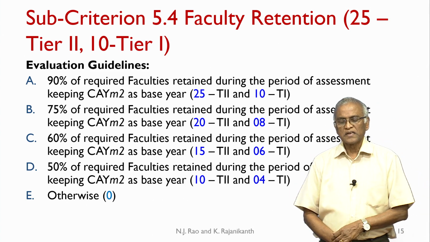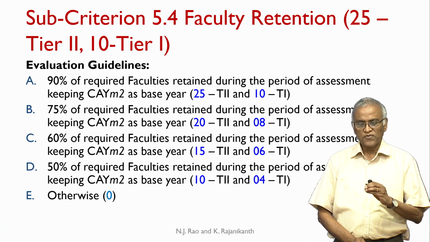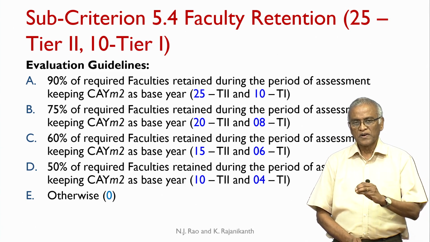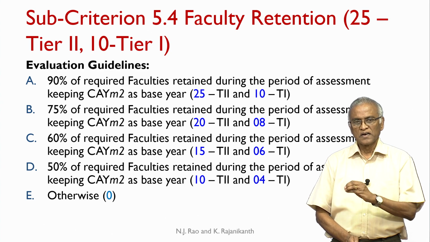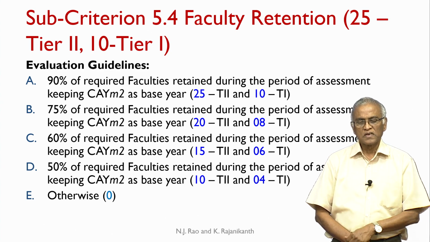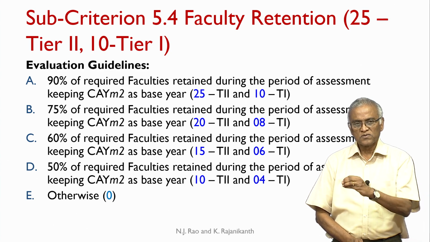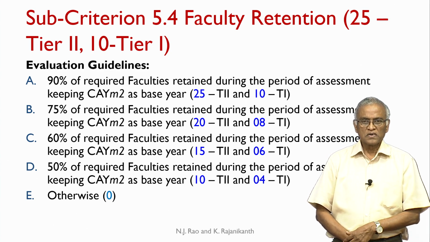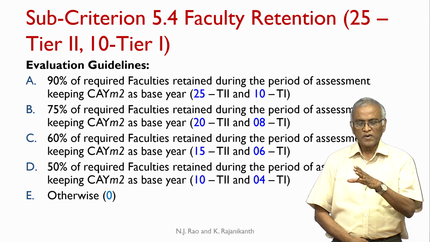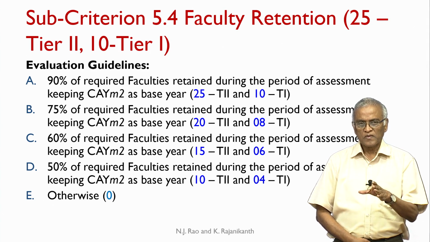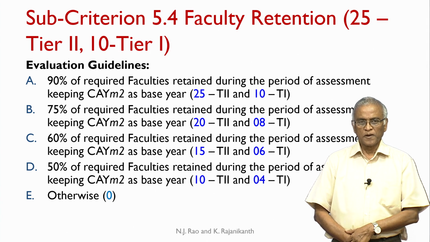So, faculty retention has a dimension of continuity of learning and good quality learning. If you keep making temporary arrangements, then obviously the learning by the student suffers. So, here there are 25 marks given for tier 2 and only 10 marks for tier 1.